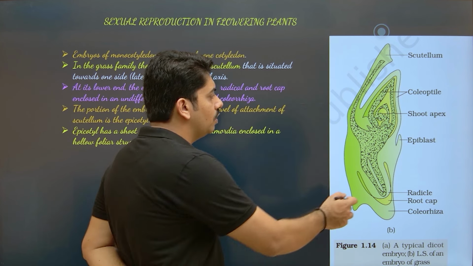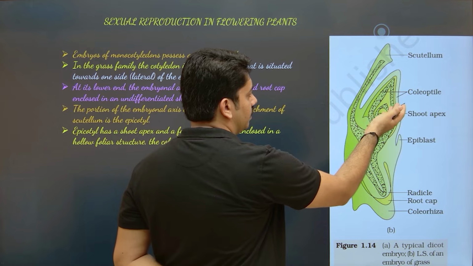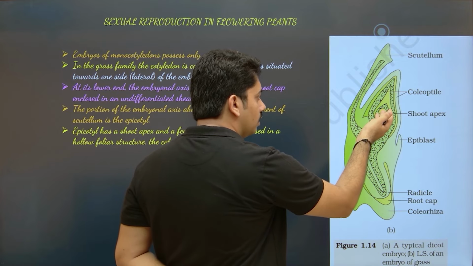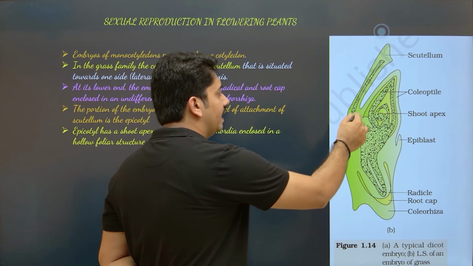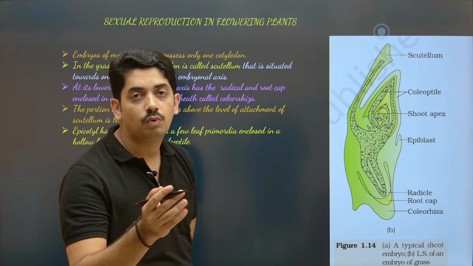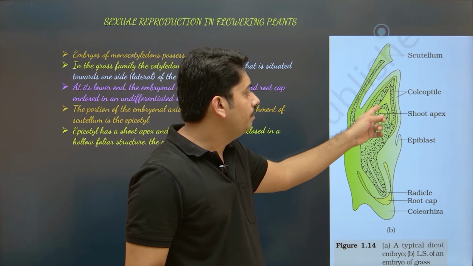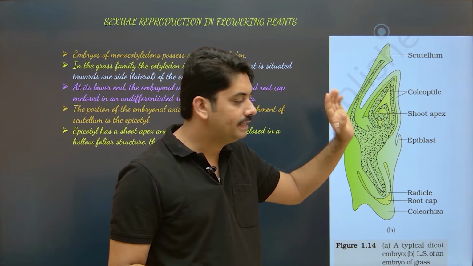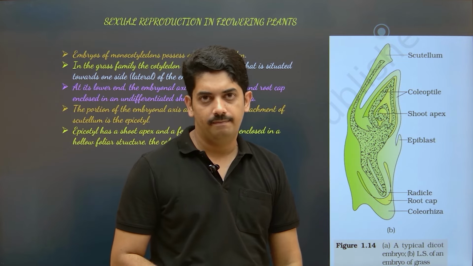Now if you observe the embryo, this is the shoot part, nothing but the shoot apex, you can say plumule, and that is covered by a protective layer called the coleoptile. This was not observed in the dicotyledonous embryo. Here the plumule is covered by the coleoptile and the radicle is covered by the coleorhiza.